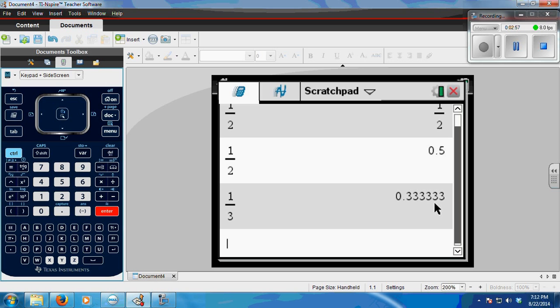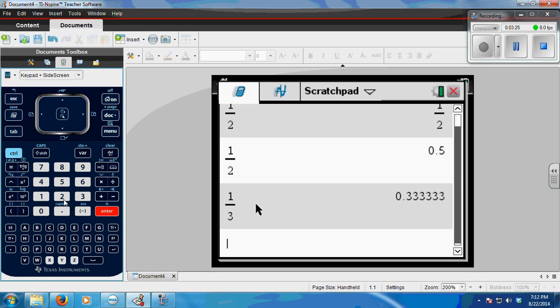Now, what you're going to do on your assignments or on a test is to simply write that the answer is 0.3 with a line above it, indicating that the 3 is going to repeat forever. So this is how you convert a fraction into a decimal. Now, the reason that this stays as a 3 is because the number after that is going to be a 3, and like I said, it's going to approximate. Okay, so 1/3 is equal to this.